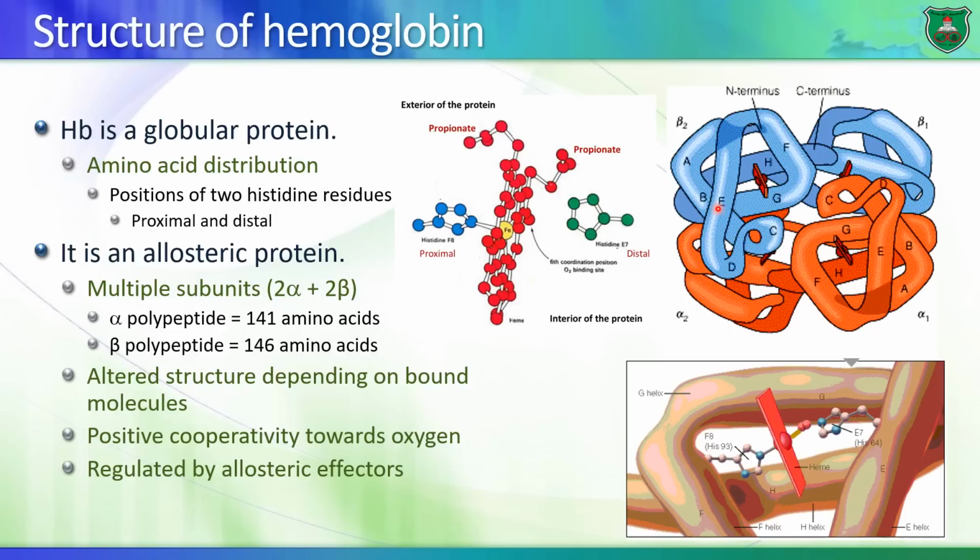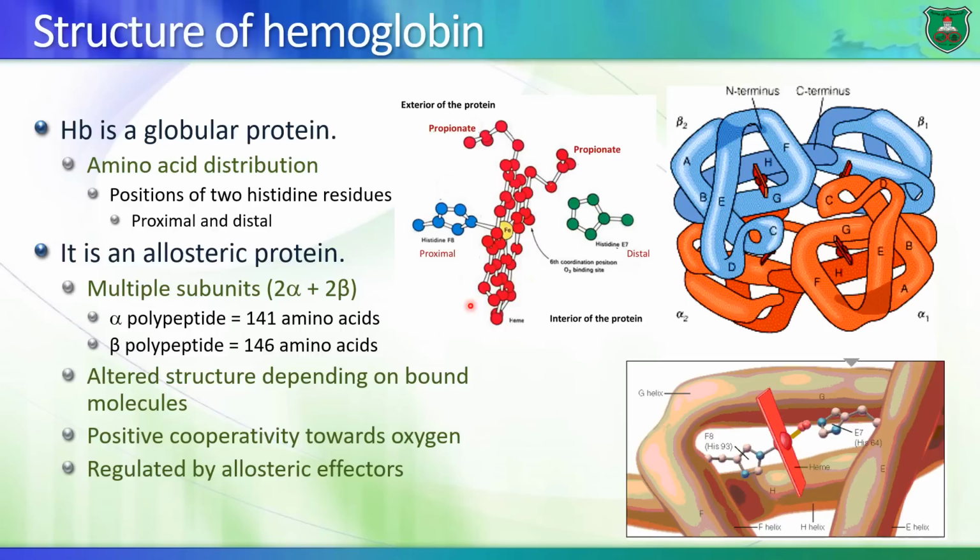Now, just like any other globular protein, we have the hydrophilic and charged amino acids found on the surface, and we have the hydrophobic nonpolar amino acids hidden inside the protein.